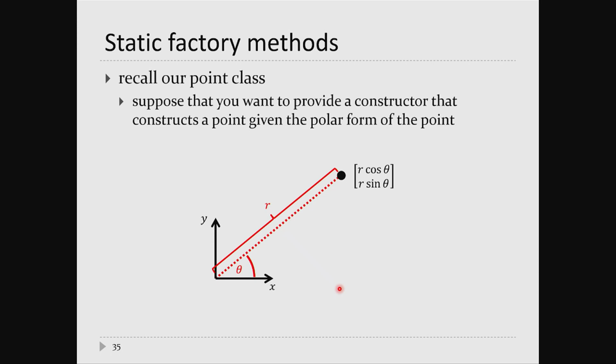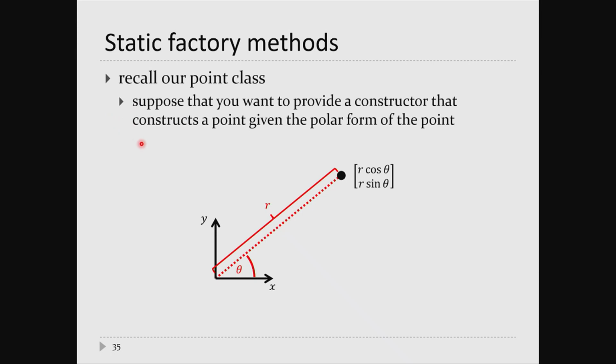So remember our point class. It's a two-dimensional point. We have 3 constructors in the class so far. One of the constructors takes in 2 doubles. It takes in the coordinate of the point. Now, if you take calculus, you've probably seen something called the polar representation of a point.